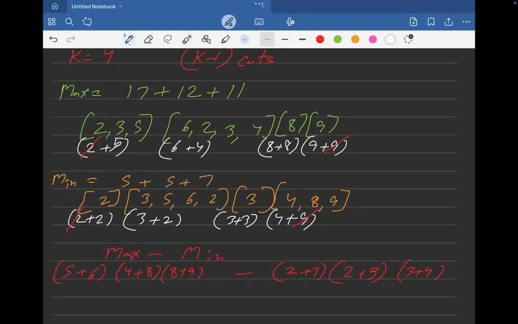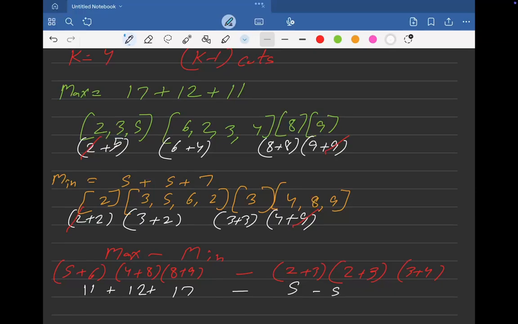So we got 17, we got 12, we got 11, minus 5, then 5.